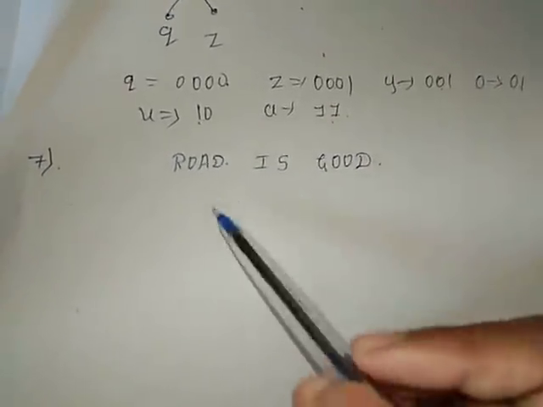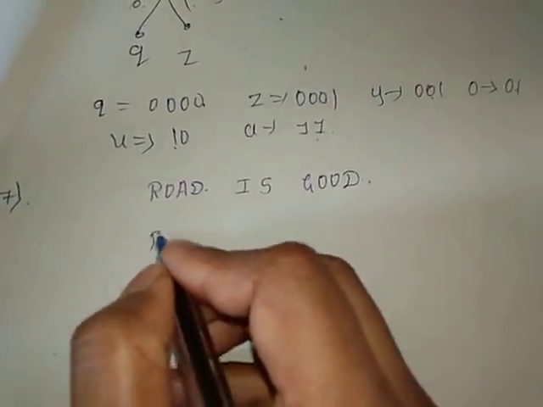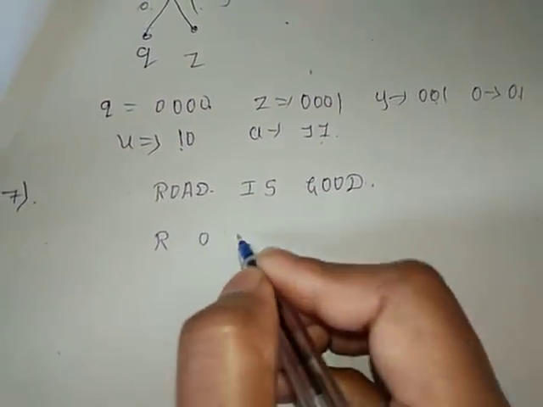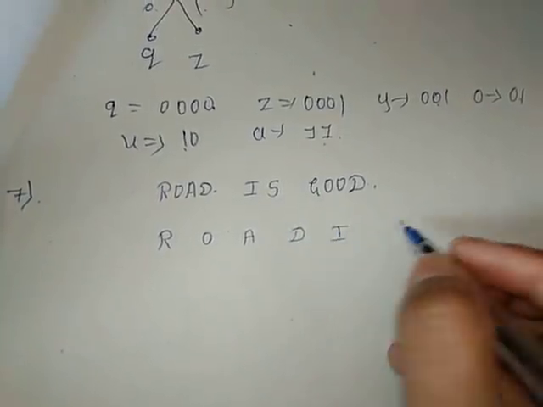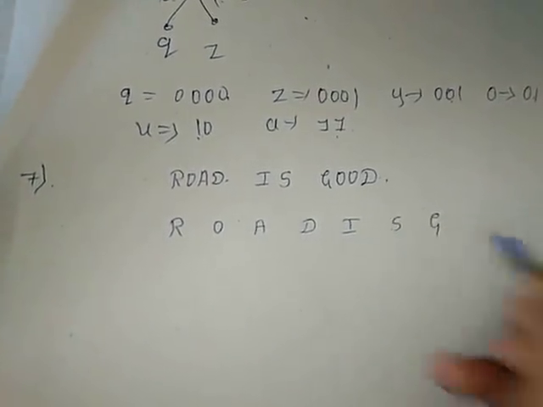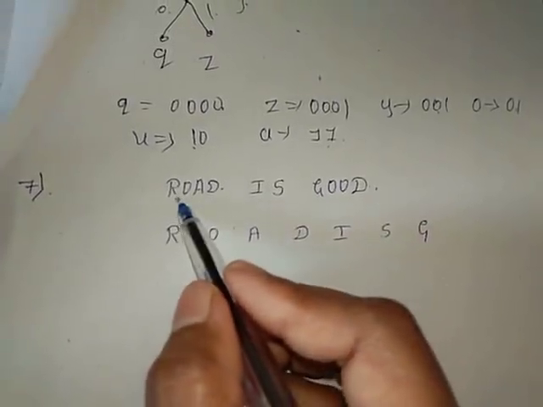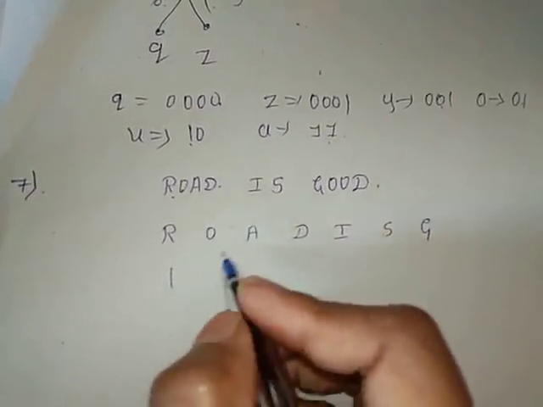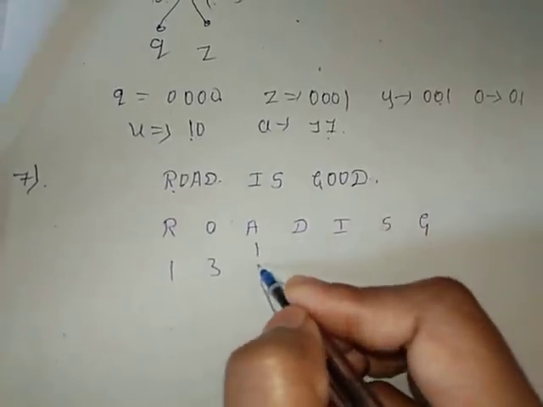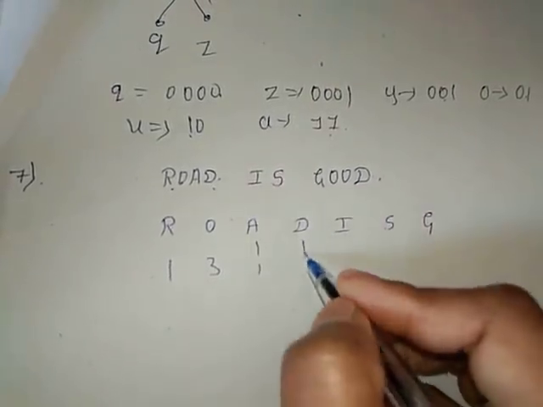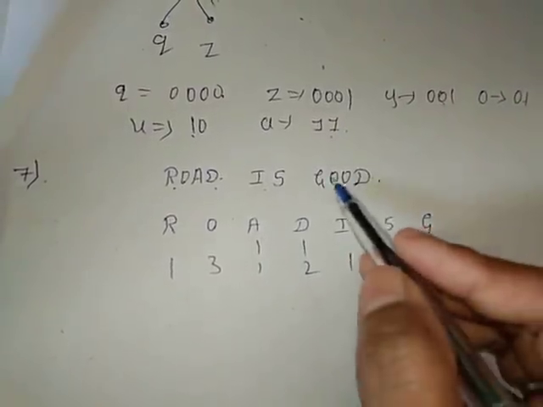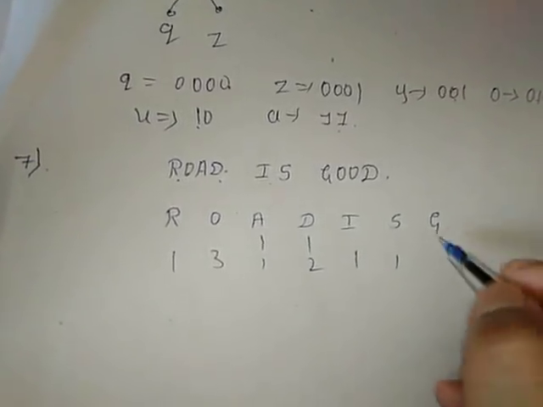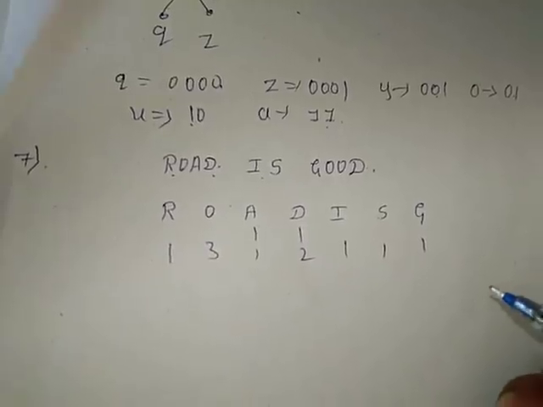Here, this message consists of the letters R, O, A, D, I, S, G. R is present 1 time. O is 3 times, A 1 time, D 2 times, I 1 time, S 1 time, and G 1 time.